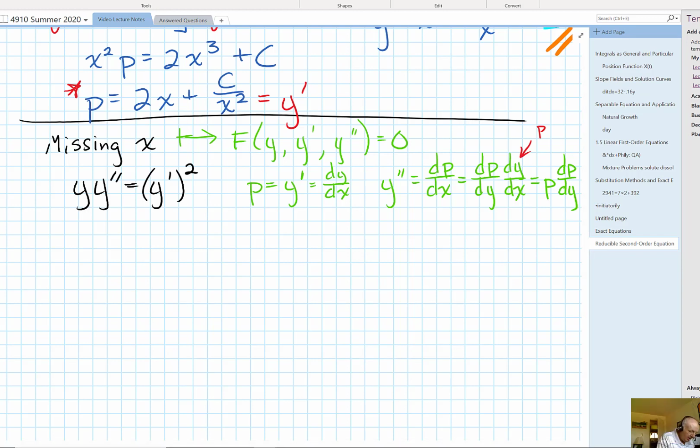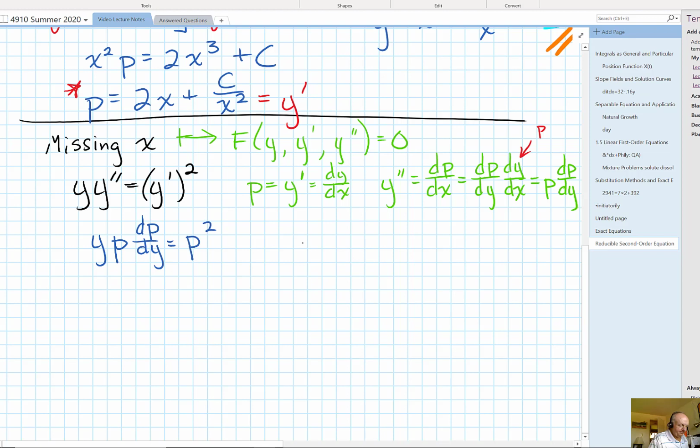That's going to leave us with just y, and then y double prime is p dp dy equals y prime squared, which is p squared. Now notice this is not a linear equation, but we're still able to reduce it. Looking at this one, we can definitely separate the variables.